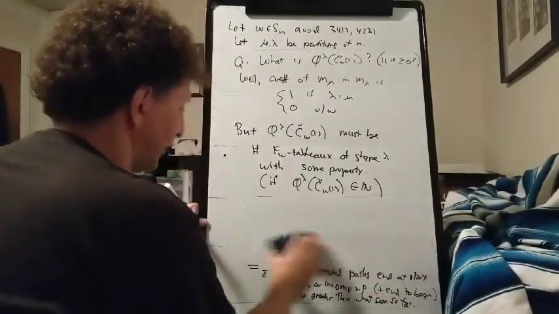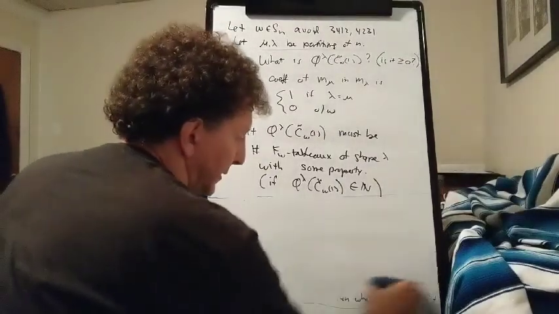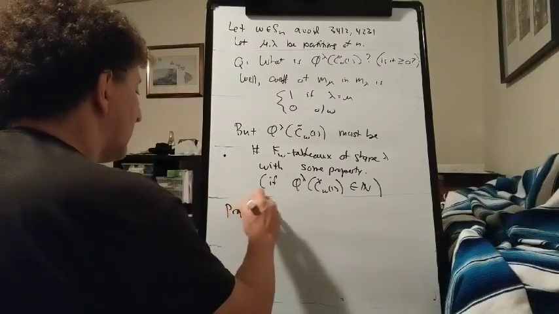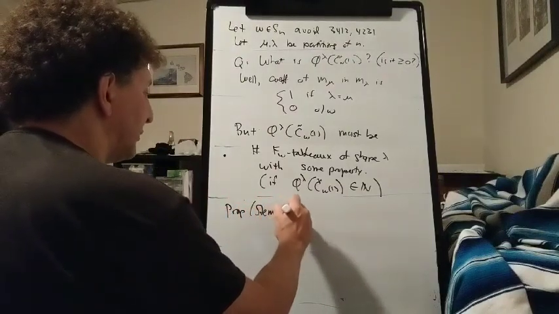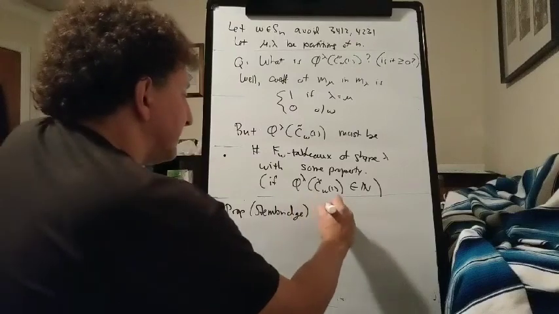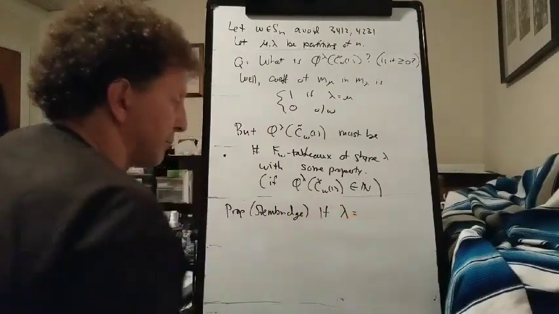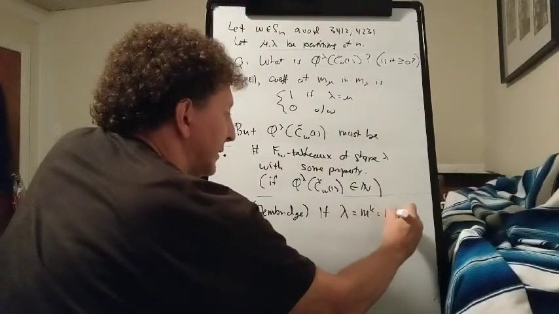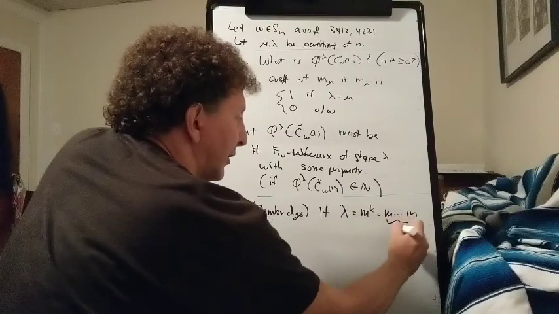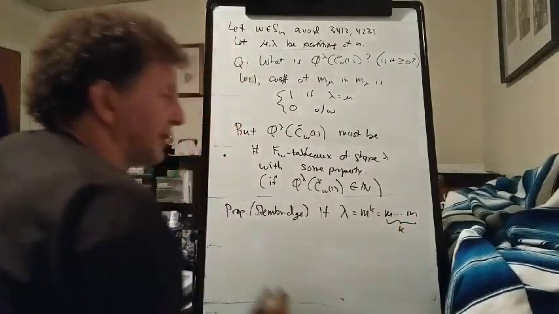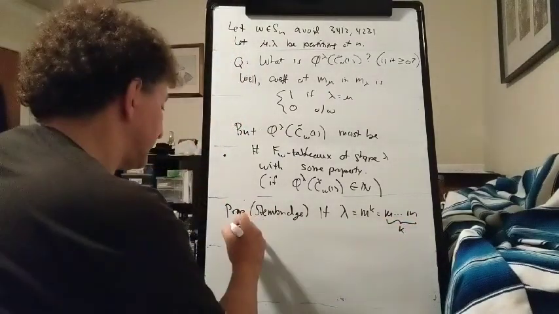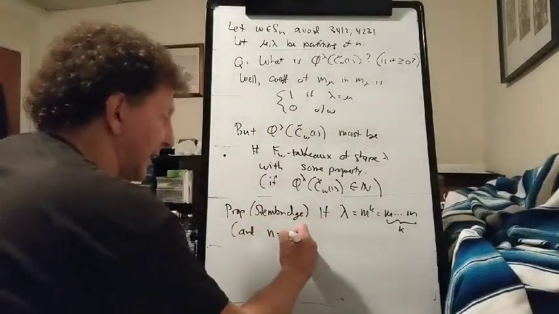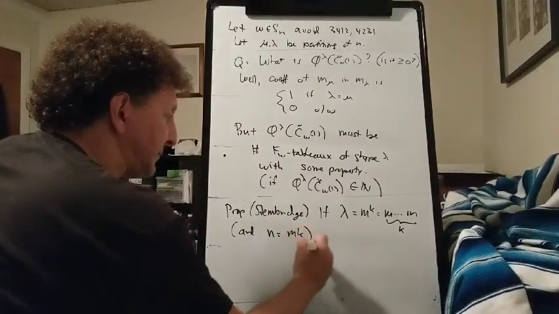So we have a partial result. Stembridge proved this. If lambda equals m^k, and I mean all the parts are equal to m, so let's say there's k parts equal to m, which means that if lambda is a partition of n, then n has to be m times k.